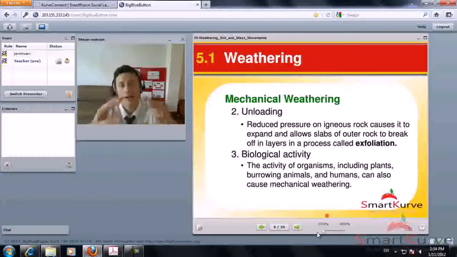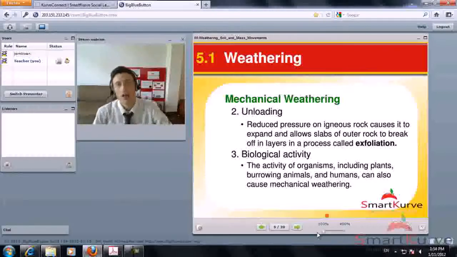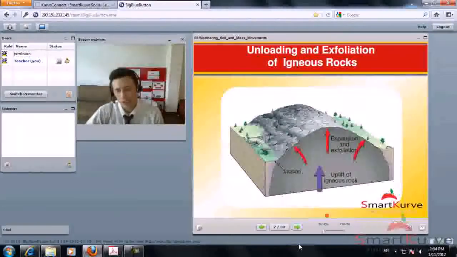So if you imagine that igneous rock, when that magma has cooled underground, and then erosion carries away the rock or the soil that's on top of it. You can see a good picture of this on slide 7.